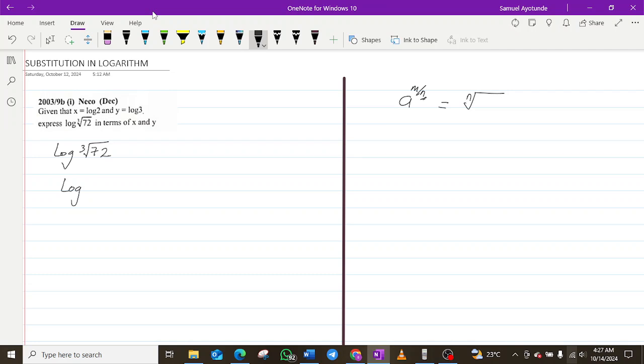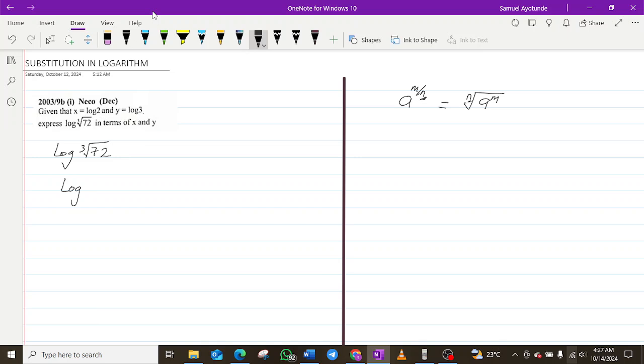N here will become the root. So if it is 2 that is n, this will become square root. If it is 3 that is n, the root will be cube root. So we then have the numerator as the power.